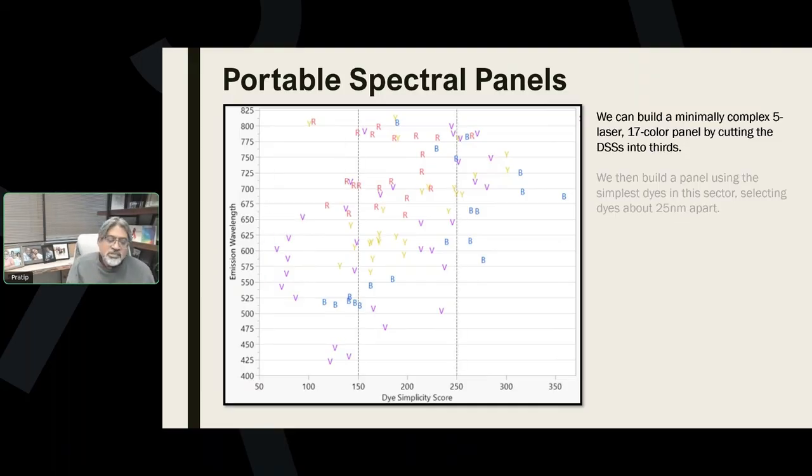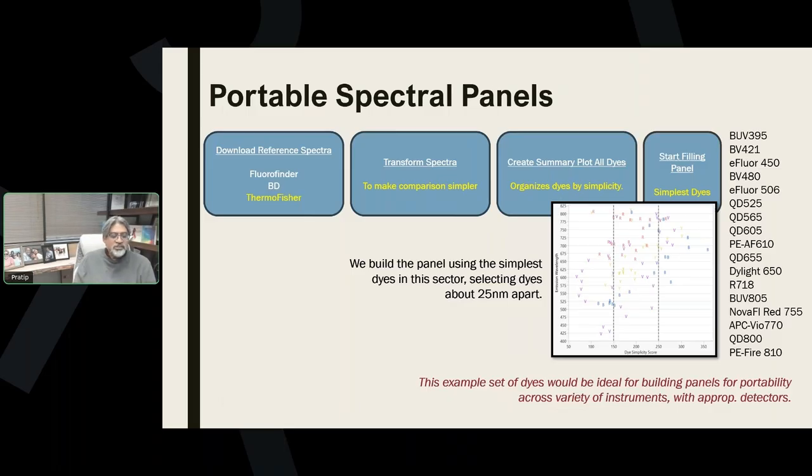So when we want to use this graphic to build simpler, less complex panels, what we want to do is split this graphic into thirds. And so we can build a minimally complex 5-laser 17-color panel by cutting the dye simplicity scores into thirds. And then we can basically start filling the panel with the simplest dyes in the first sector.